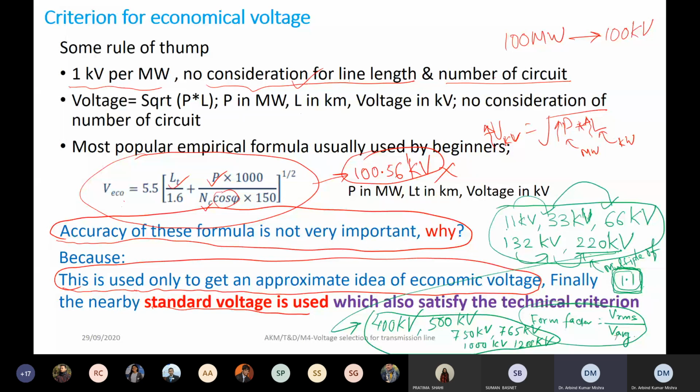The second part is: once this fact has been proved a myth, what's the problem with going on with it? Why can we not use 100.56 kV?